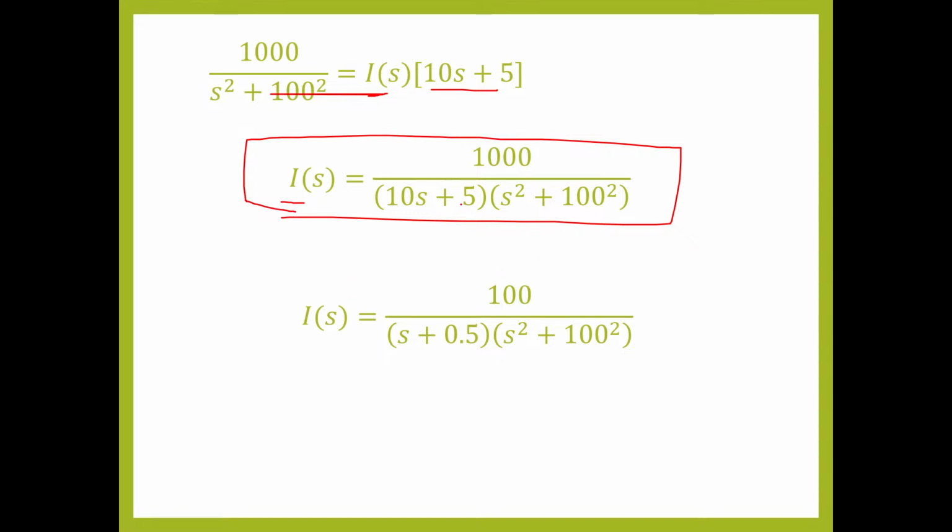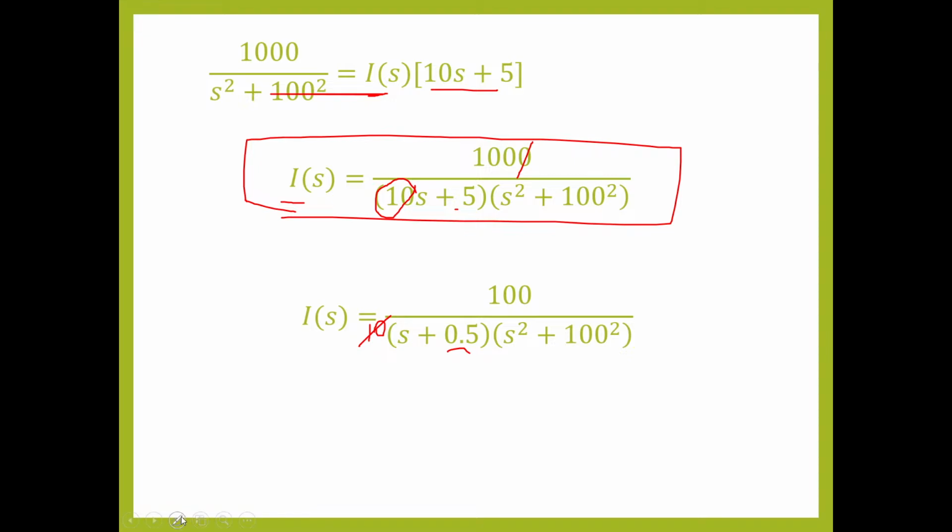Here I have taken 10 common in the denominator. If you take 10 common, what do you get? s plus 0.5, means you have to divide 5 by 10. s square plus 100 square will remain as it is. This 10, if you take common, that 10 and this 0 will cancel, and 100 is left over.